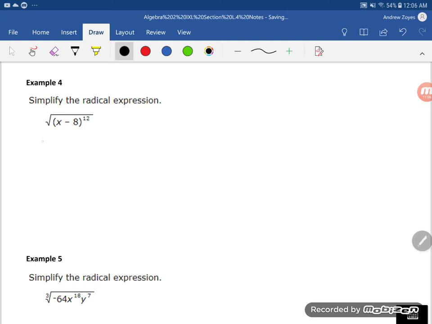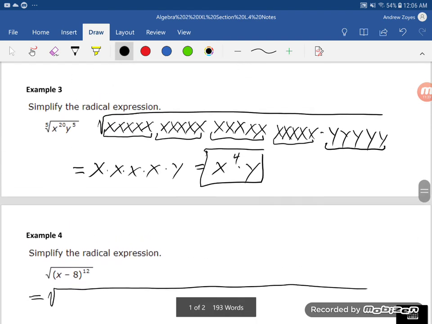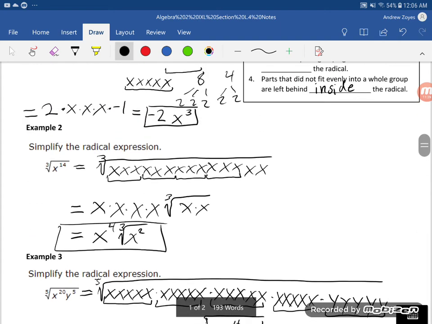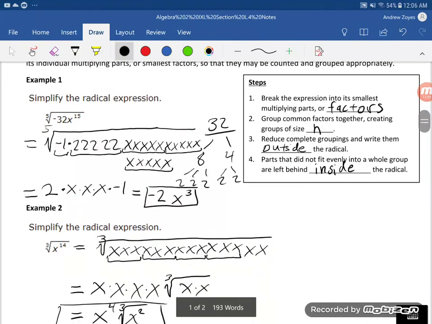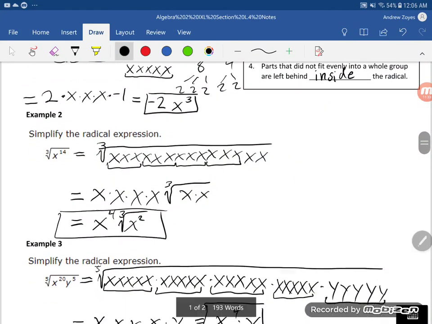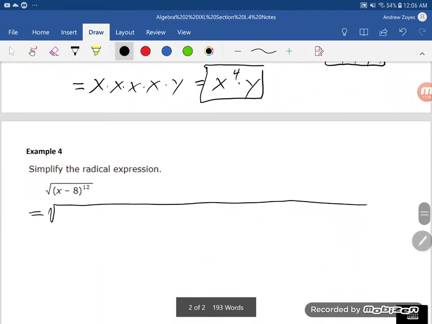Well, we're going to do the same thing. We're just going to break it down based on how we know things multiply together. And this is going to be very long because realize we have x minus 8 right there, and it's to a power of 12. So how many x minus 8 should we have right there? Still 12 of them, right? The same way we had 14 x's, we can just have 12 x minus 8s.